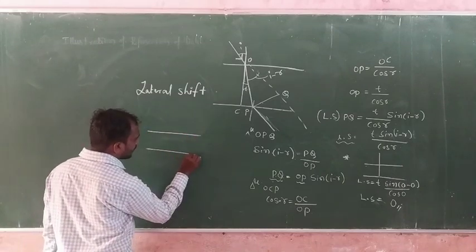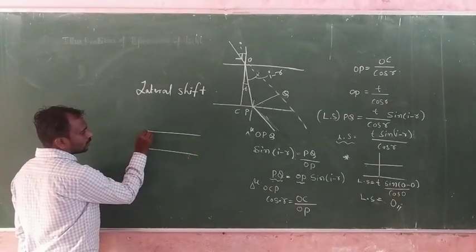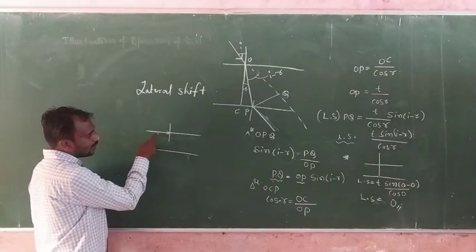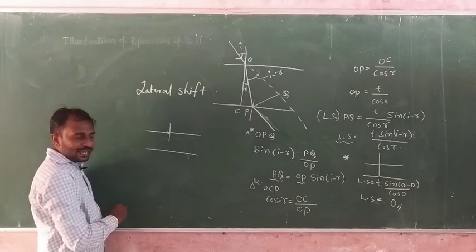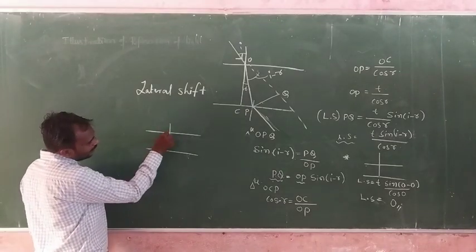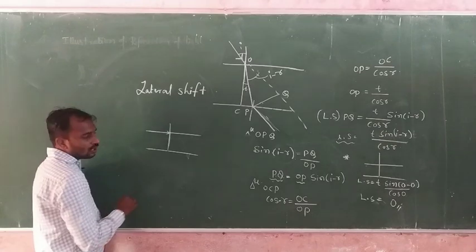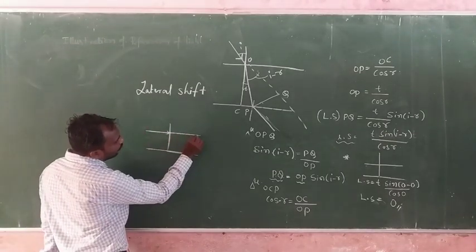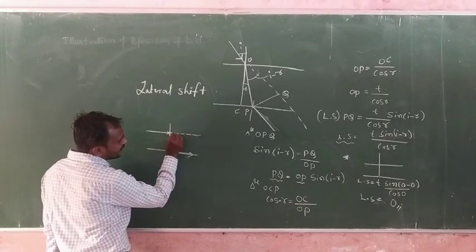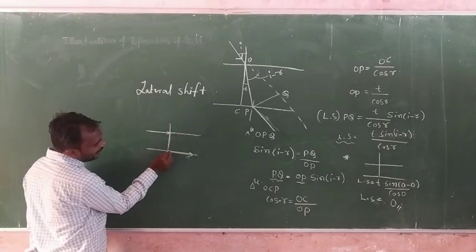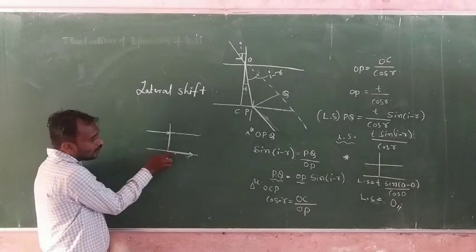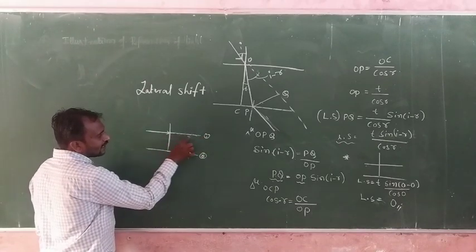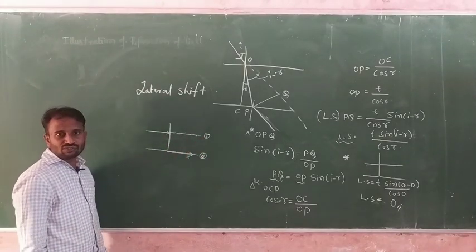Here we consider a glass slab, and this incident ray is parallel to the glass slab. The light ray is refracted and the light ray is emergent. This one we consider the extended incident ray, and here we get the emergent ray. This emergent ray is parallel to the second refracting surface and the incident ray is parallel to the first refracting surface.